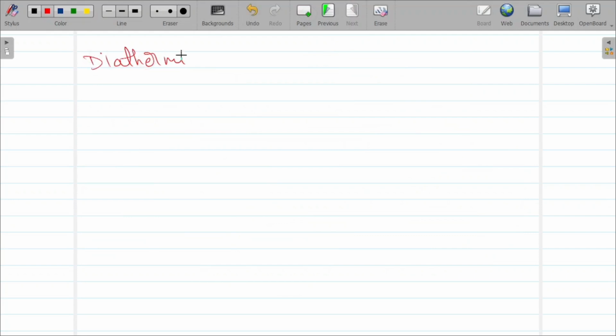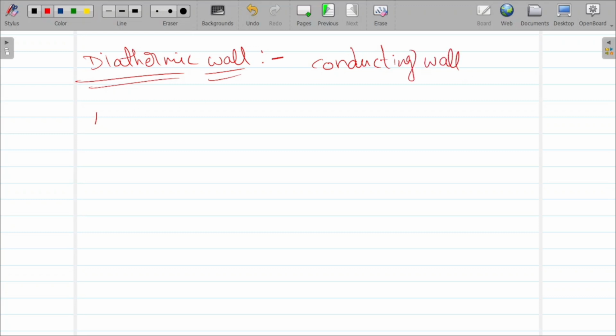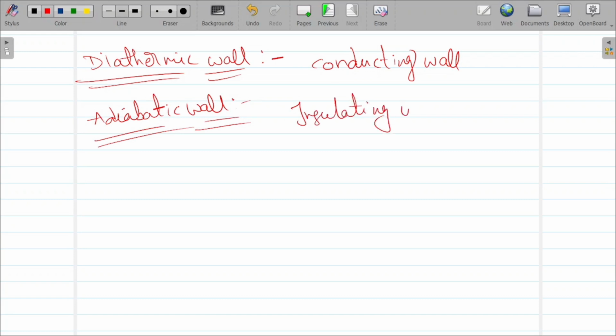Diathermic wall is a conducting wall. Adiabatic wall is an insulating wall. Okay, got the difference between adiabatic and diathermic wall? Yes.